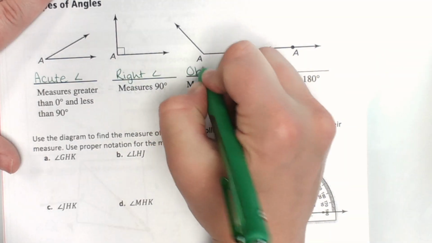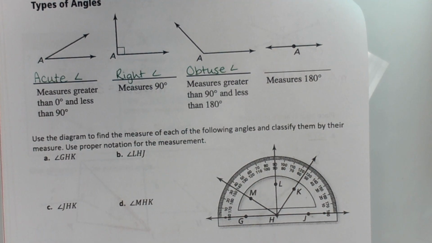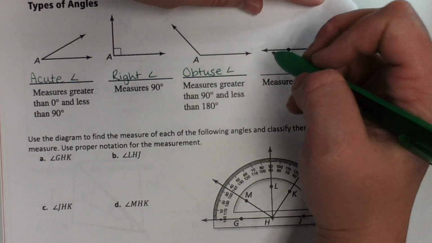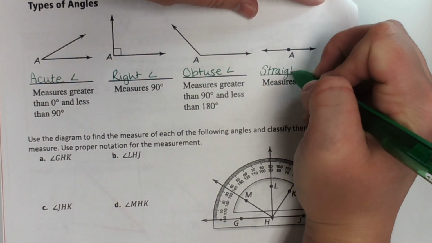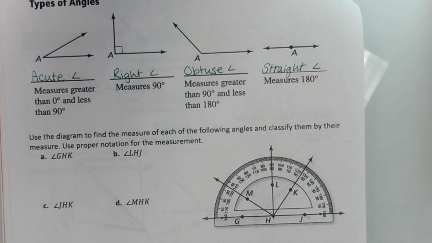Obtuse. Angle exactly 180. Close. Close. Level. It's a straight angle. So you're close an idea. Flat, straight is the technical term.